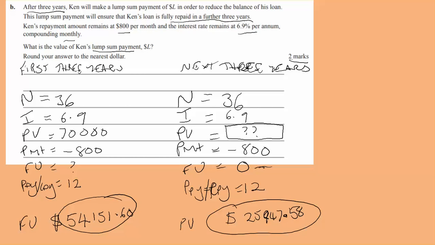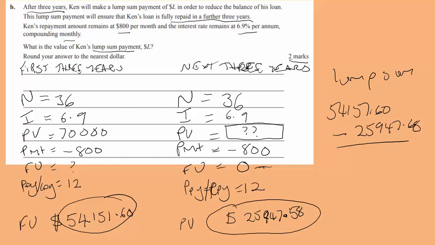So to work out the lump sum, I do 54,151.60 minus 25,947.68. Put that in my calculator, and the answer was 28,204.02. I hope that helped you with the answers.